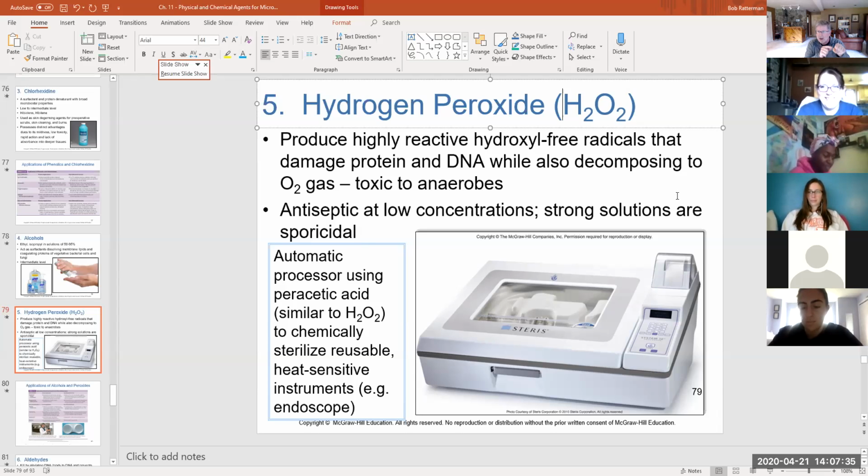You can have not only aerobes introduced into that cut, but potentially anaerobes. And as Diana mentioned, the production of oxygen is toxic to anaerobes. So those are the two reasons why hydrogen peroxide is such a nice thing to have in case you do get a cut.